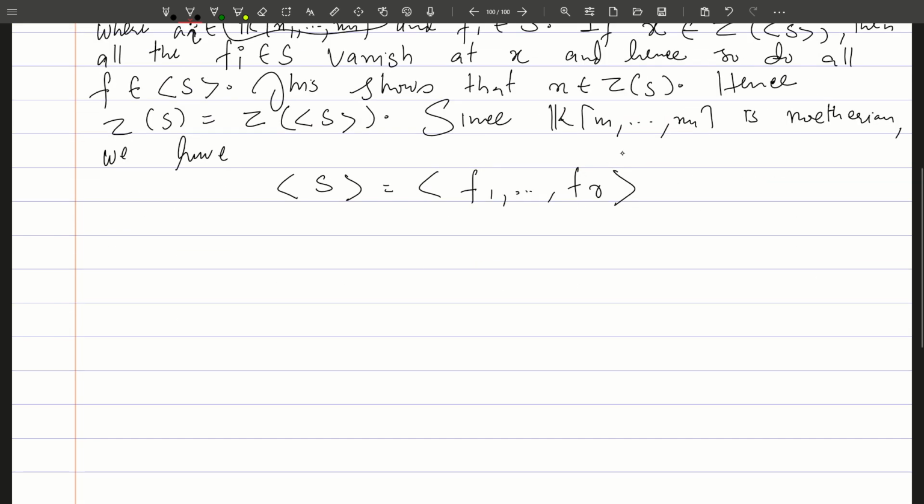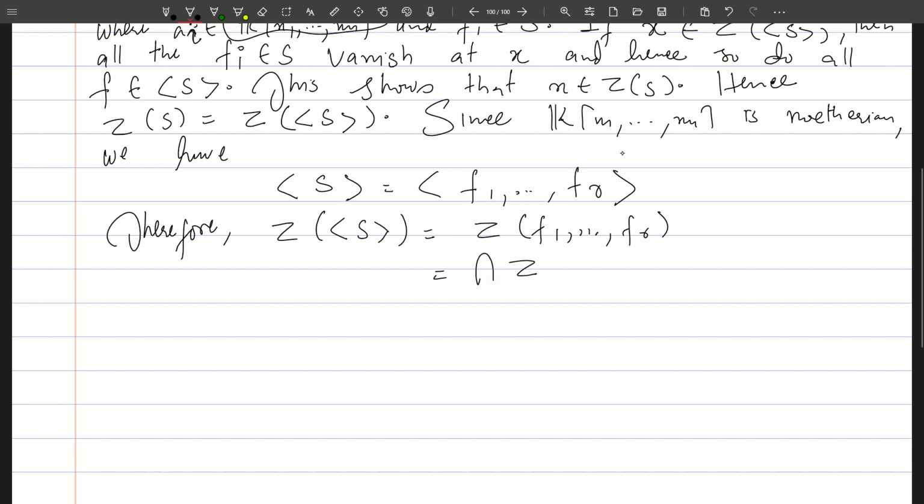So therefore the zero set of the ideal generated by S is actually the zero set of the set of polynomials f1 through fr, which is actually the intersection of the zero sets of these hypersurfaces, I mean fi's, where i goes from 1 to r.